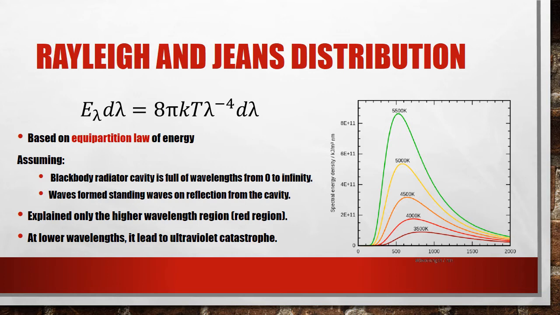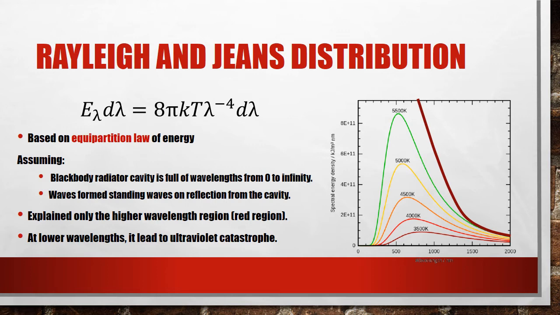This curve was pretty good in explaining what happens towards the higher wavelength region, that is the red region, but it failed to explain what happens as the wavelength decreases or the frequency increases, towards the blue or violet region.